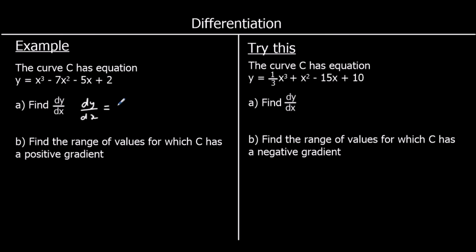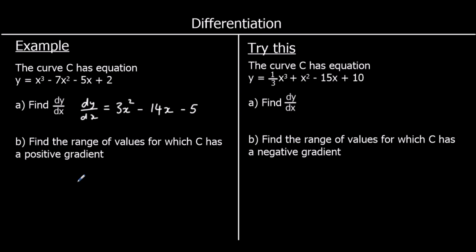So for x cubed, that's 3x squared. Minus 7x squared becomes minus 14x. Minus 5x is a straight line with a gradient of minus 5, and 2 has no gradient, it disappears. So we've got dy/dx.